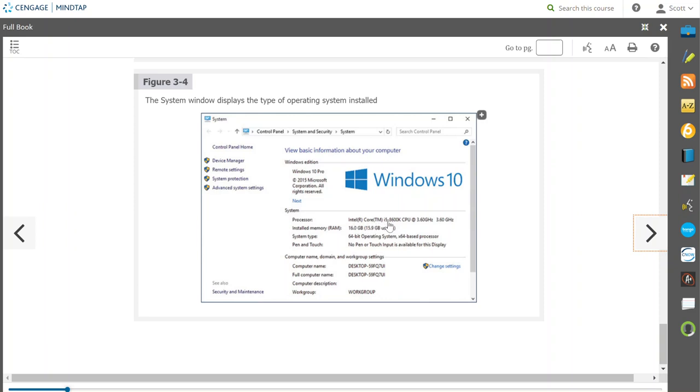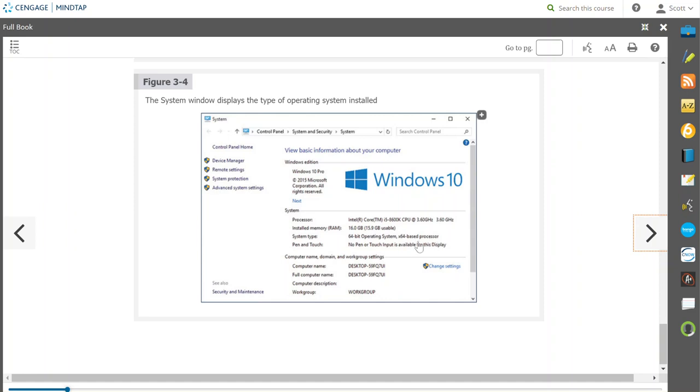It's an i5 8600K. It's running 3.6 gigahertz. It's got 16 gig of RAM. How much is usable? How much is currently being used? It's a 64-bit OS. That tells you it's a 64-bit processor.